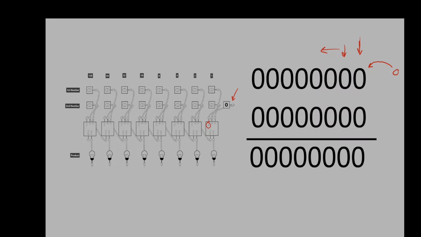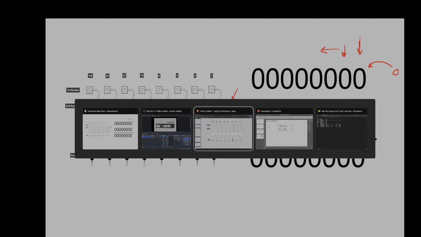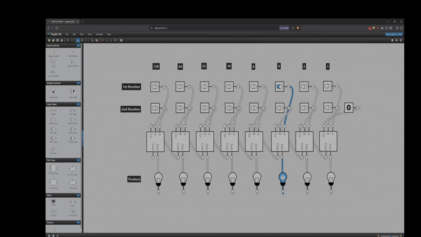So let's move into the simulation, which is here. Again, we've got our 1s column, our 2s column, 4, 8, 16, 32, 64, 128. Now currently, if we set this up so the top number is 0, 0, 0, 0, 0, 0, 0, 1, add nothing, well, the answer is 1.